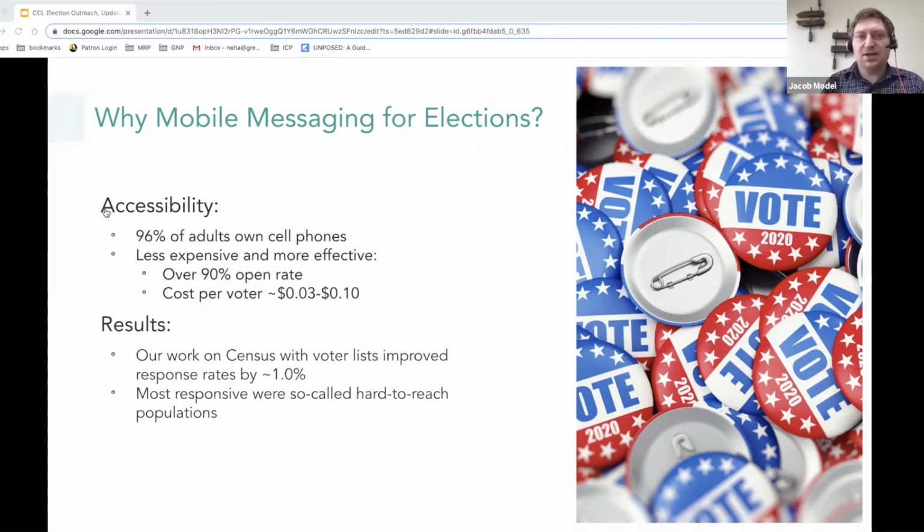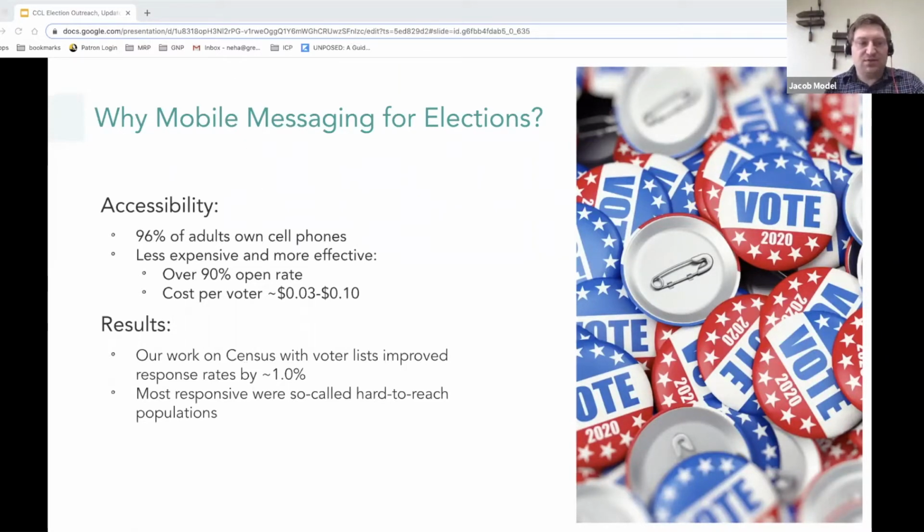Thank you, Perla. So as many of you know, mobile messaging is used by a bunch of campaigns and others for get out the vote, and for a number of other reminders, emergency messages, and other things that have probably come across your phone during these difficult times.